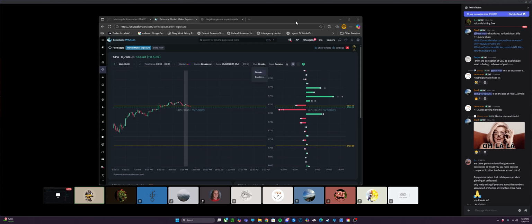Going back to this for a more practical, real-world example: we approached our positive gamma cluster up here. We chopped within it. We had a pretty convincing bounce off that level.